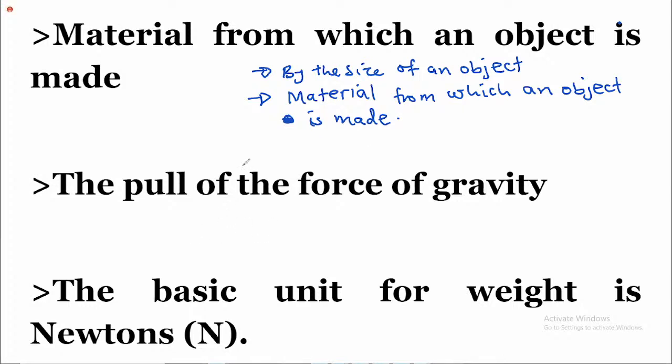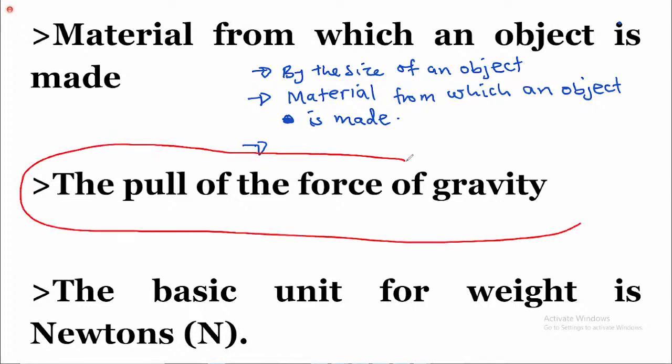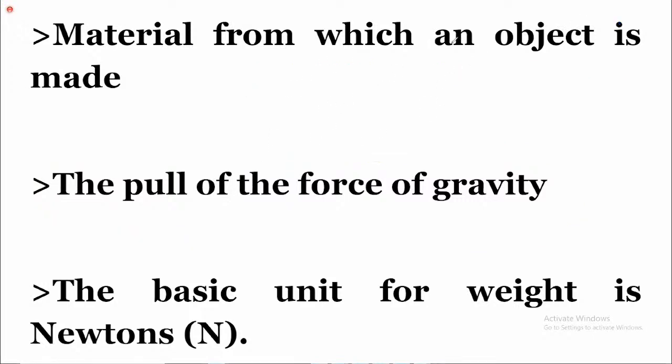And another thing they're talking about, the pull of the force of gravity. What do you mean by the pull of the force of gravity? Have you ever seen the moon at night? This force of gravity is determined by the height above sea level, the height from the ground.